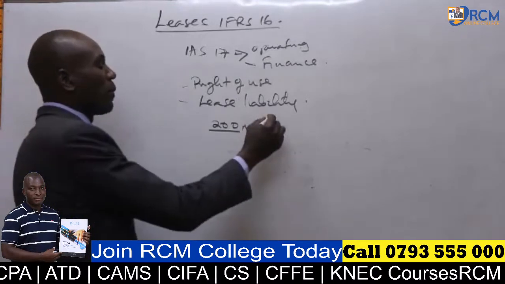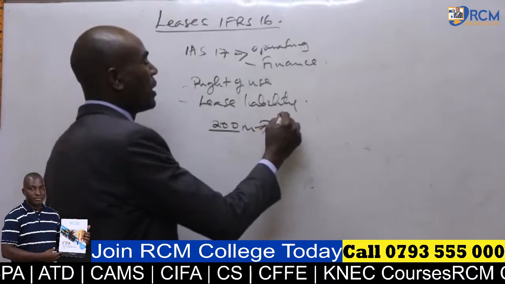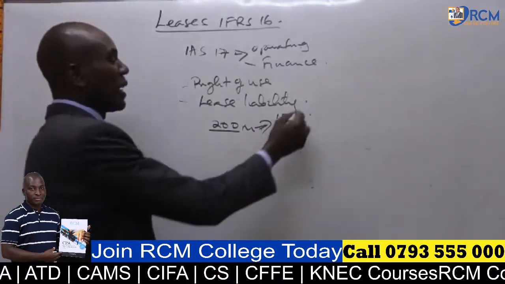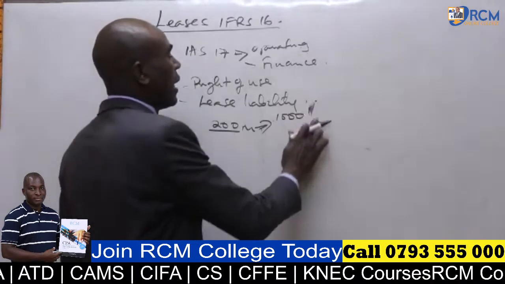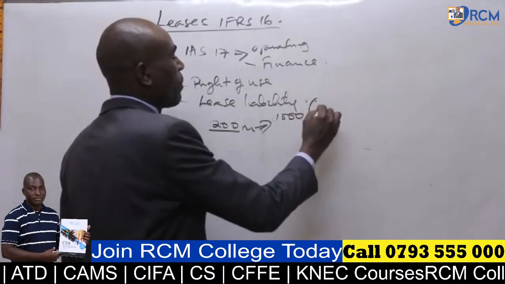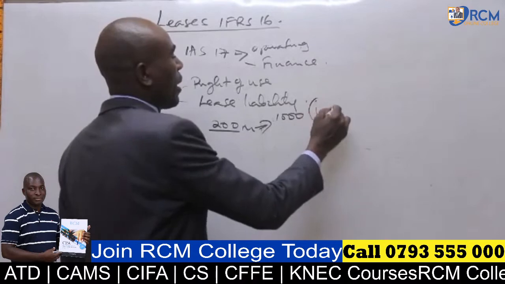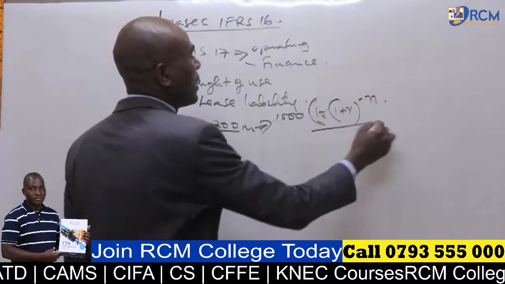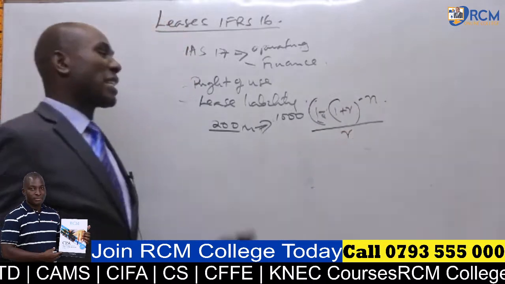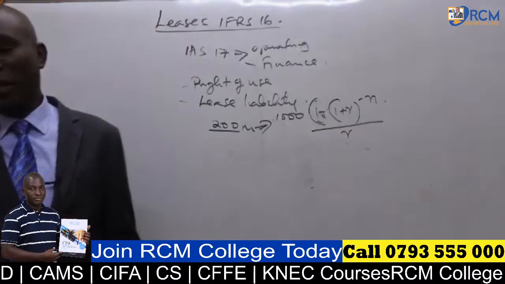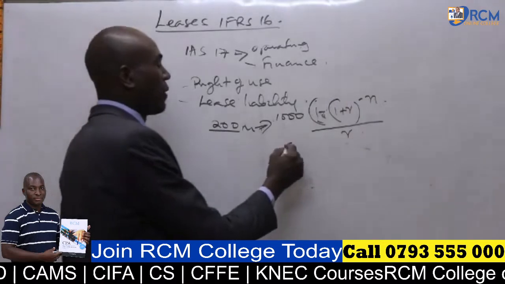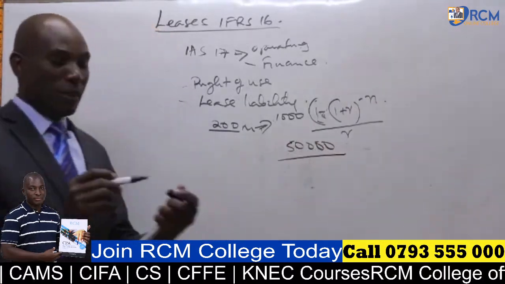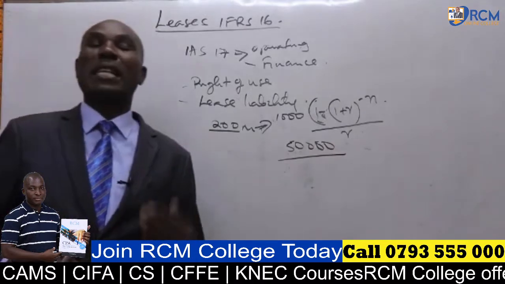For example, I'm paying 1 million annually for 10 years. Therefore, I will discount this using 1 minus 1 plus r raised to negative n, divided by r. I discount that to the present value, then maybe I get something like 50 million. That 50 million now becomes the lease liability.